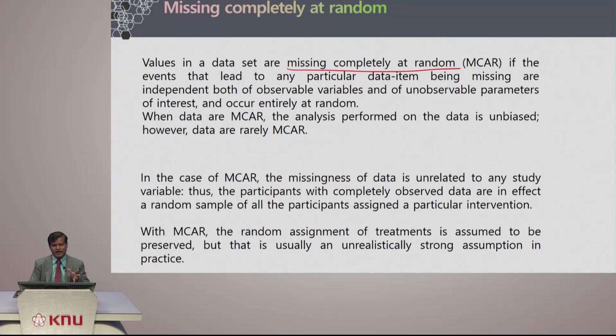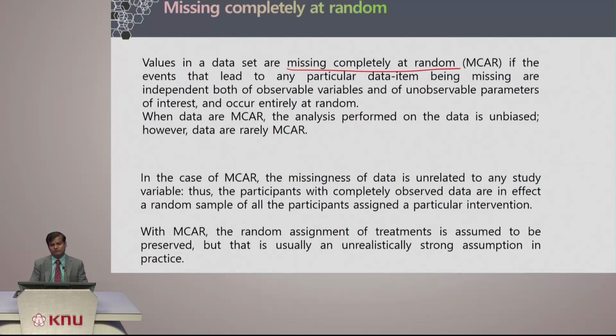However, data are very rarely MCAR. When this happens, the missing data is unrelated to any study variables. Thus, the participants with completely observed data are in effect a random sample of all participants assigned a particular intervention. So this is one way of missing the information.